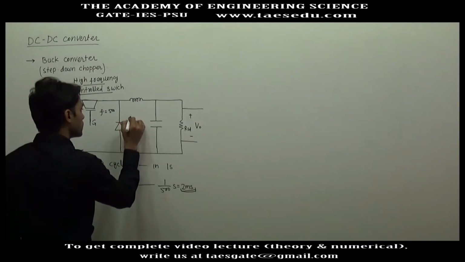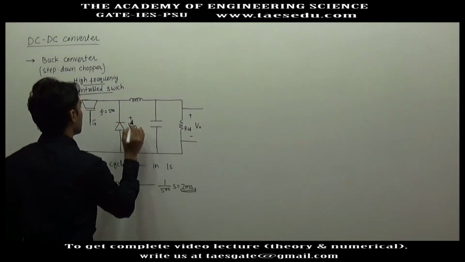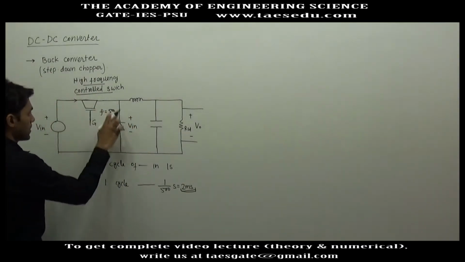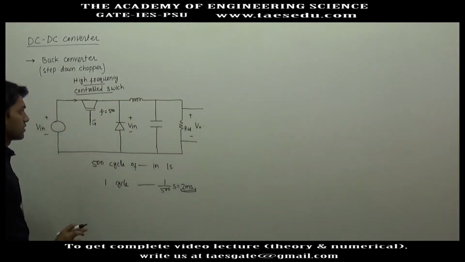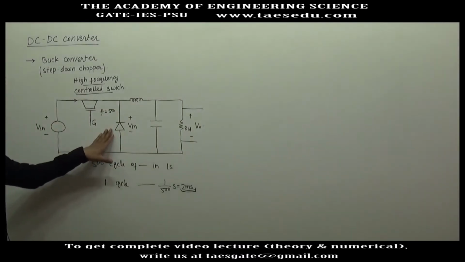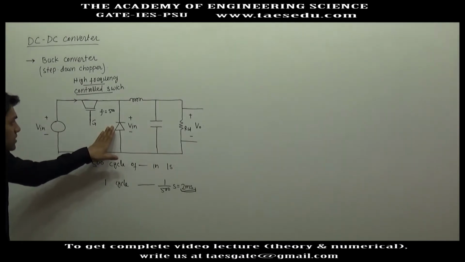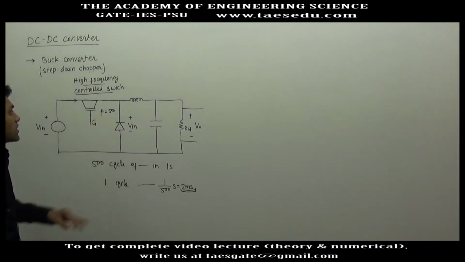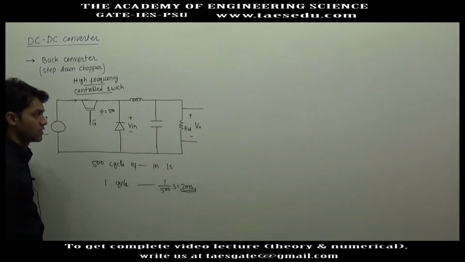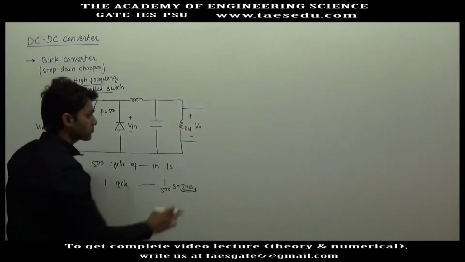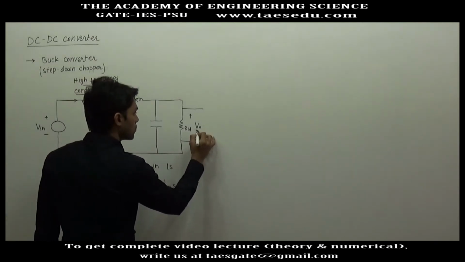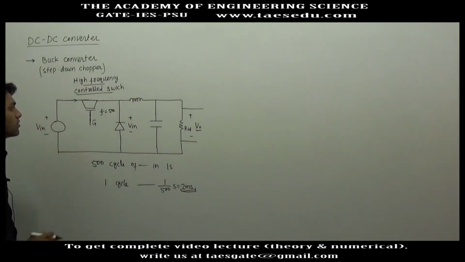This voltage will be plus minus V input, since this is short. So if you apply KVL in this circuit, this diode will be reverse biased. As soon as you turn on this switch, this diode will be reverse biased and will be disconnected. Since this is a buck converter, it is expected that the output voltage will be less than the input voltage.